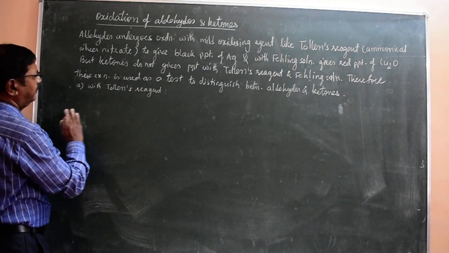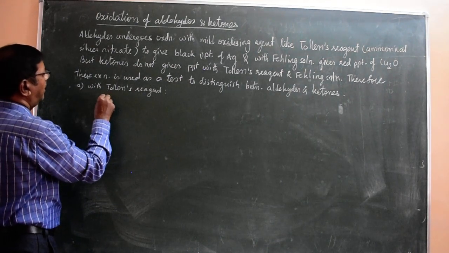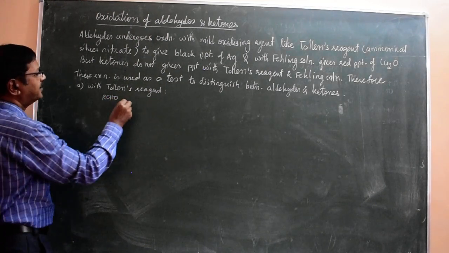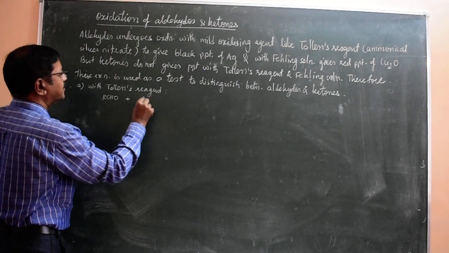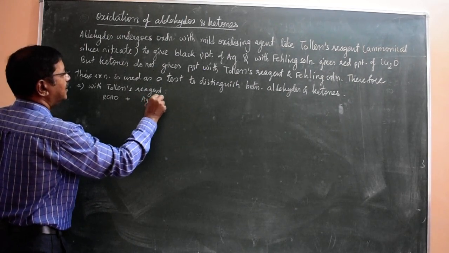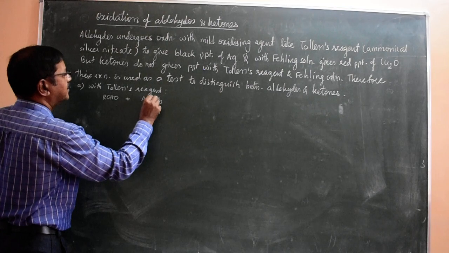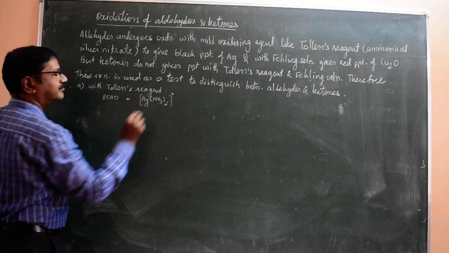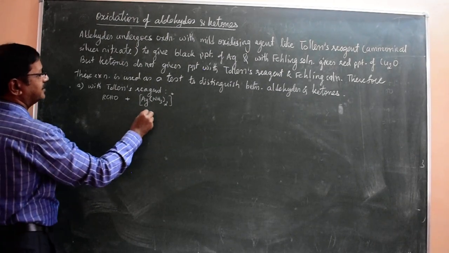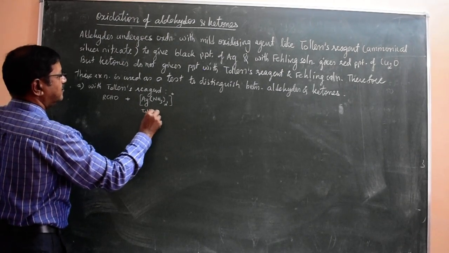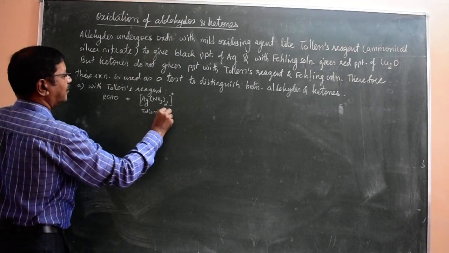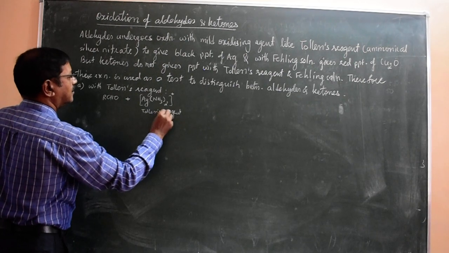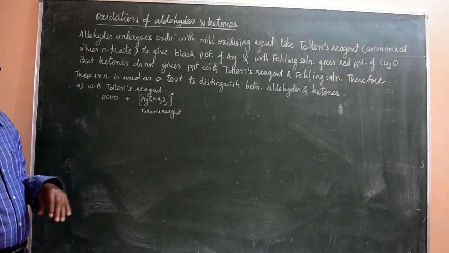So I am writing the equation here. RCHO, we know this is aldehyde. Tollens reagent is a complex of silver, Ag(NH3)2 plus. This is Tollens reagent. If the question comes, write the formula of Tollens reagent, then you have to write this one. It is Ag(NH3)2 plus.